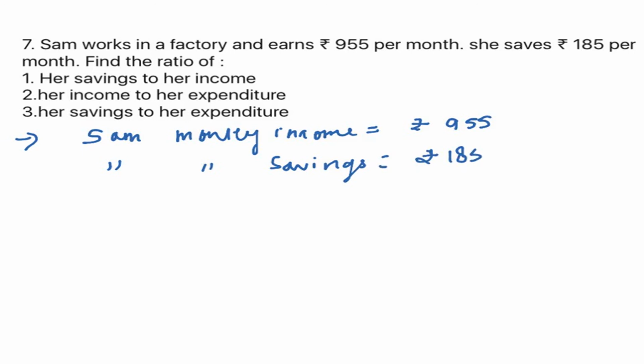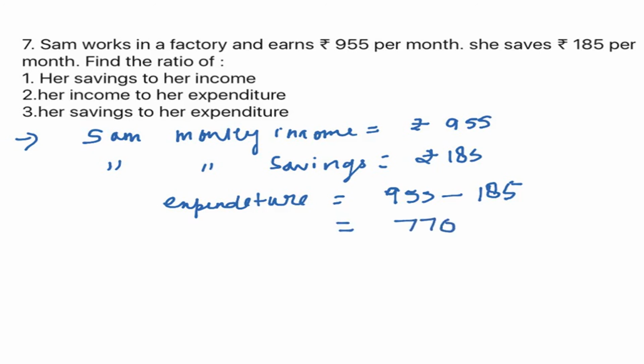Clearly we can find out by subtracting income minus savings. So expenditure will be: her income is 955 and she saves rupees 185. So the rest of all she spent. So 955 minus 185 will give us 770. So these are the various amounts that we have found from the question.